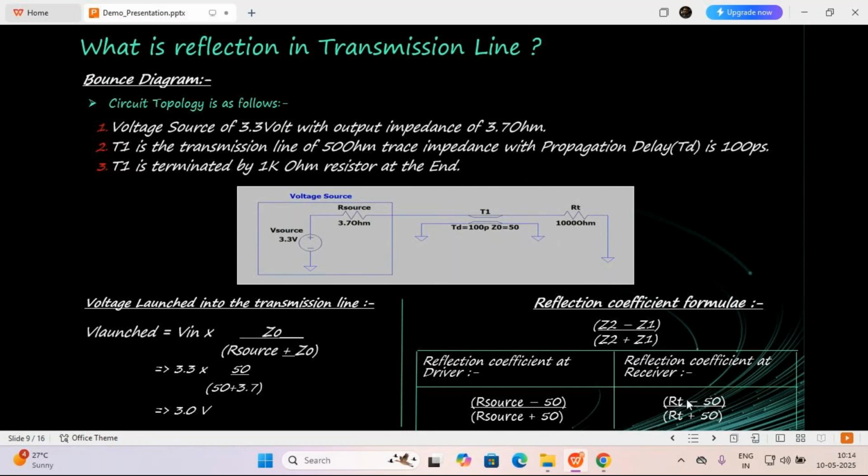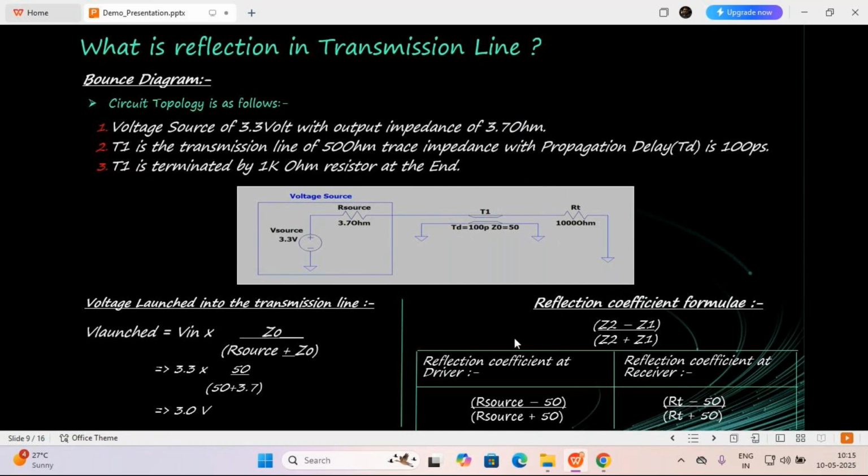The head of the signal is seeing this region as Z2 and this region as Z1, because the signal is traveling in this direction. So R T minus 50 over R T plus 50 will give you the reflection coefficient at the receiver.